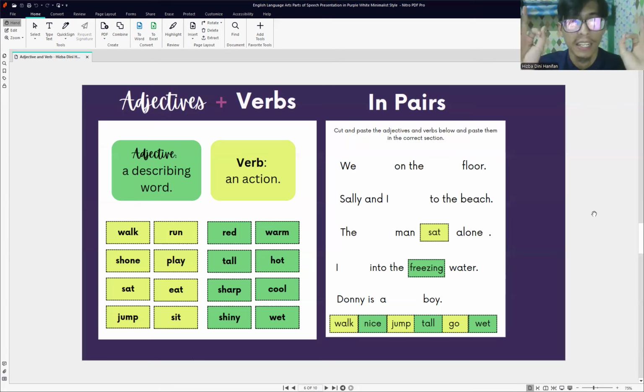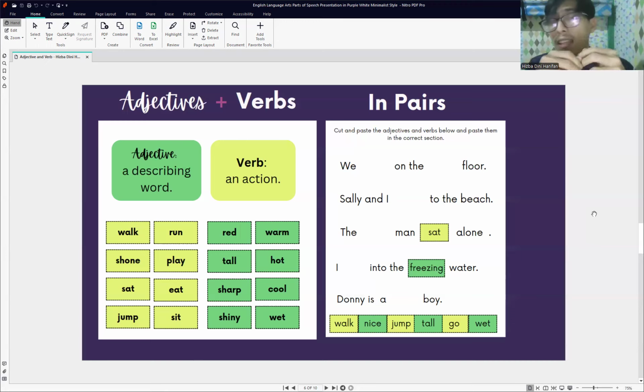Very good. Now, I'd like you guys to work in pairs. Please discuss and fill in the blanks. Discuss with your pair and then complete the blanks using the adjectives and verbs mentioned. If you want to use a verb, don't think much, go for the yellow one.